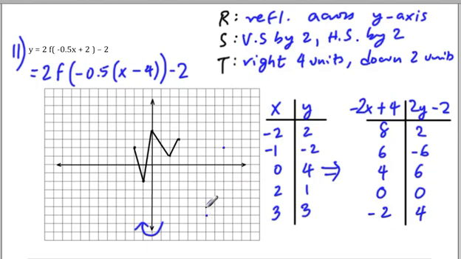Yeah, okay, so 6, negative 6, and then 4, 6, so 1, 2, 3, 4, and 1, 2, 3, 4, 5, 6. Okay, 0, 0, which is right here, and then negative 2, 4, so 1, 2, 3, 4, right there.